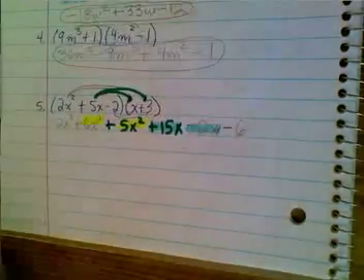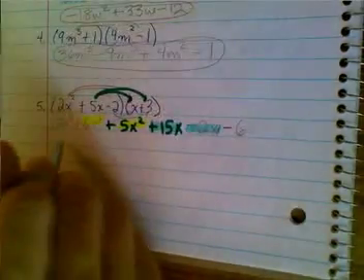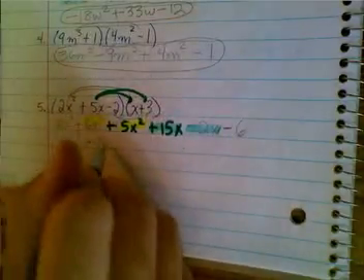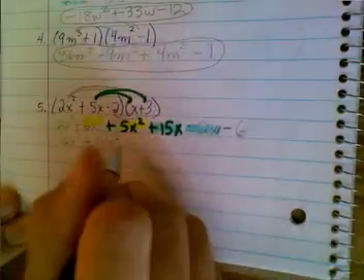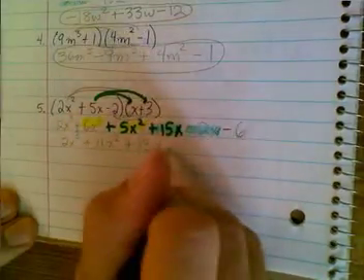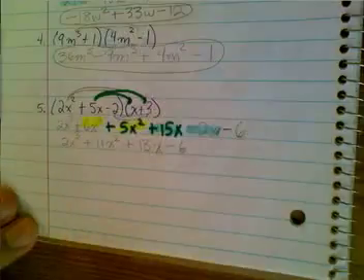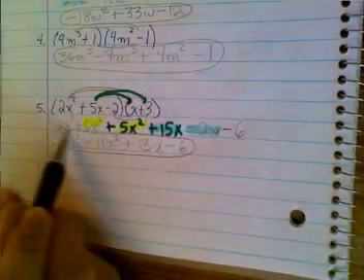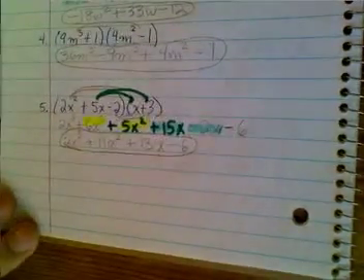So I'm just going to add these like terms together. 2x to the third plus 11x squared plus 13x minus 6. We are going to circle this and call it perfect.